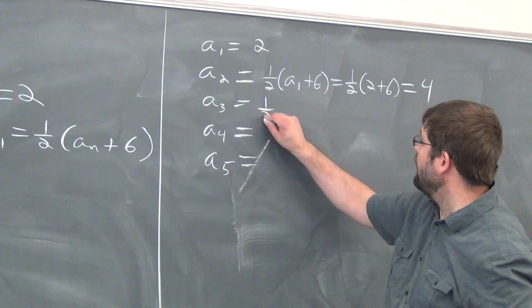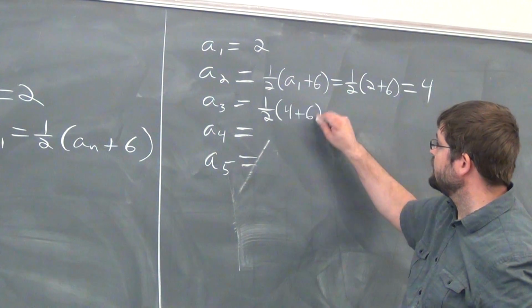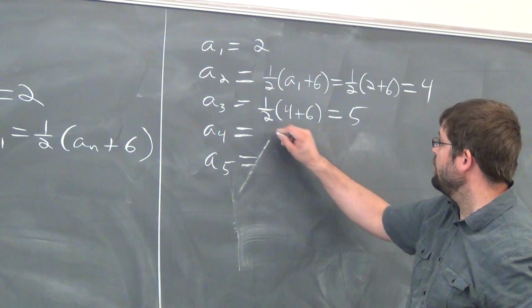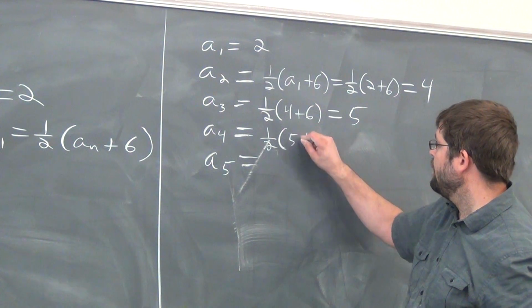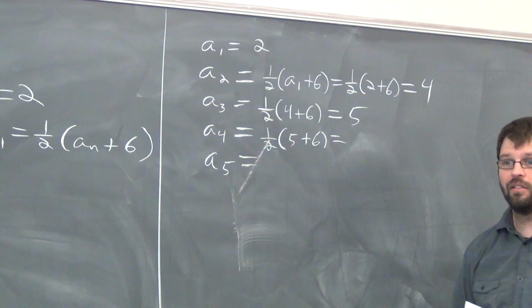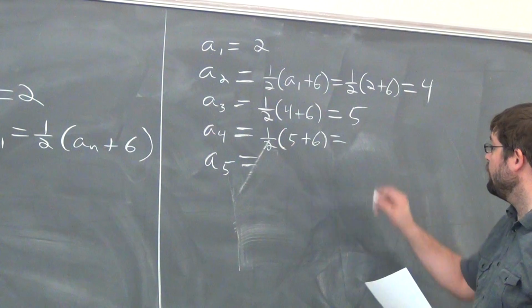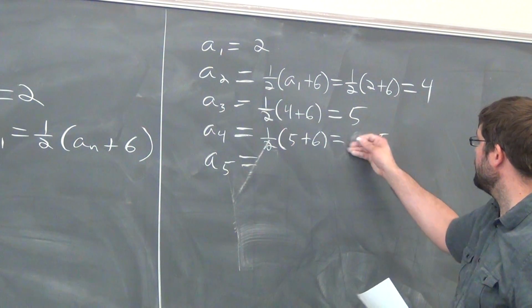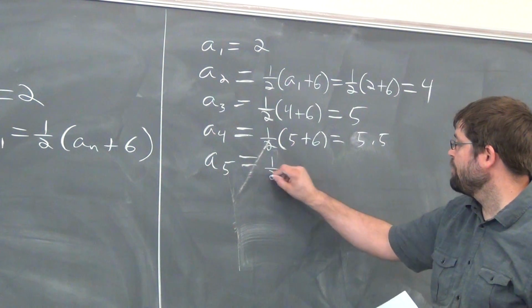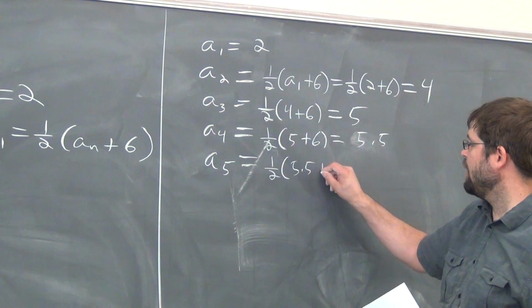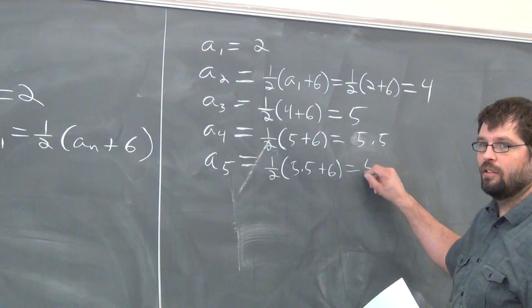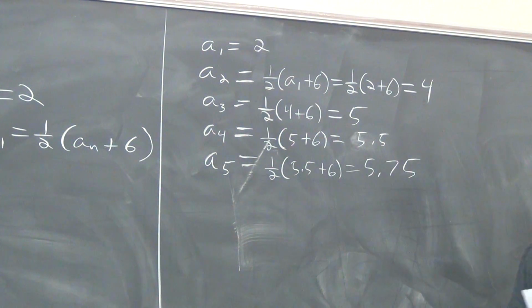So it'll be 1/2 times 4 plus 6, so that's 5. 1/2 times 5 plus 6. Is that okay? 11 over 2, 5.5. And then 1/2 times 5.5 plus 6 will be 5.75, right? You could put it as a fraction as well.